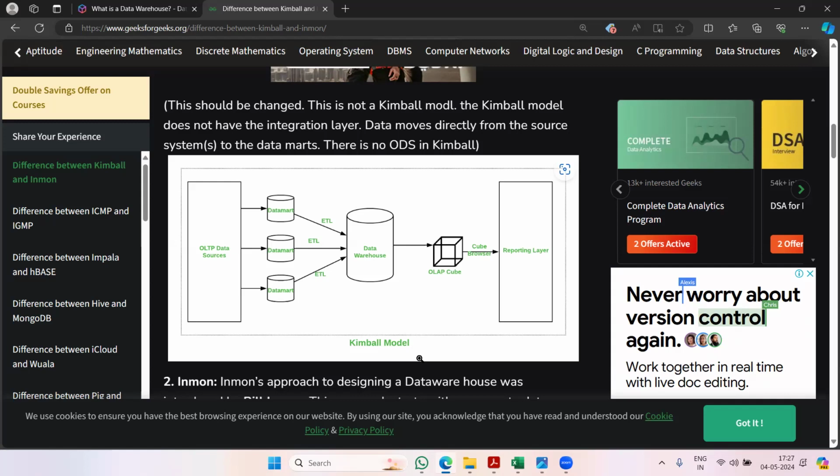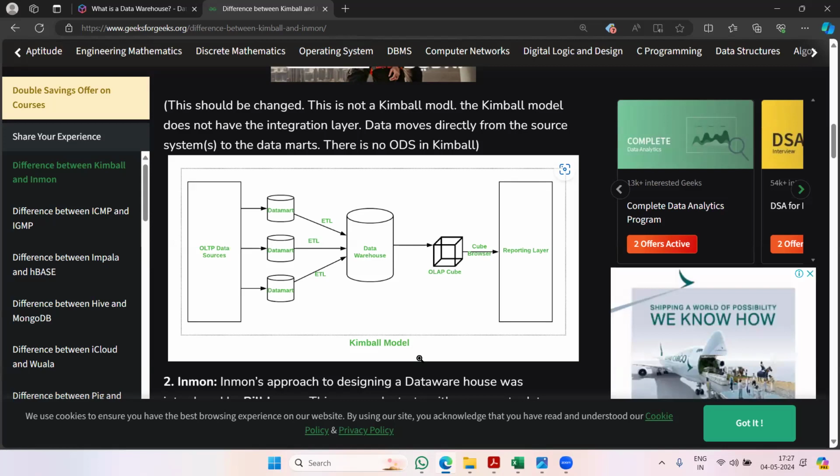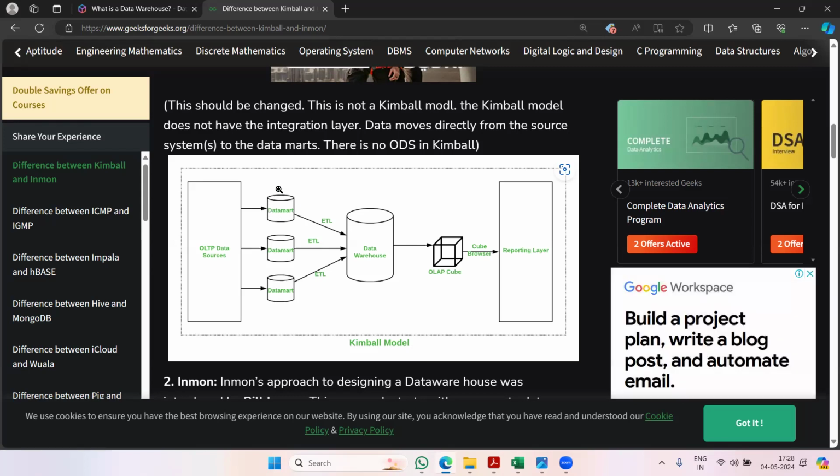Similarly, in an organization, we are definitely going to have departments, a marketing department, a finance department, and there would be a lot of data based on their day-to-day activities. Now we take one department and start preparing a data mart for them.